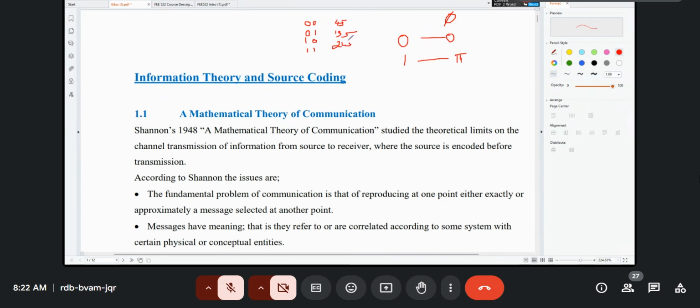I think we looked at it. So these are the symbols we are saying. The choice is that one of these symbols is sent, and the receiver should be able to identify as accurately as possible which symbol was sent.